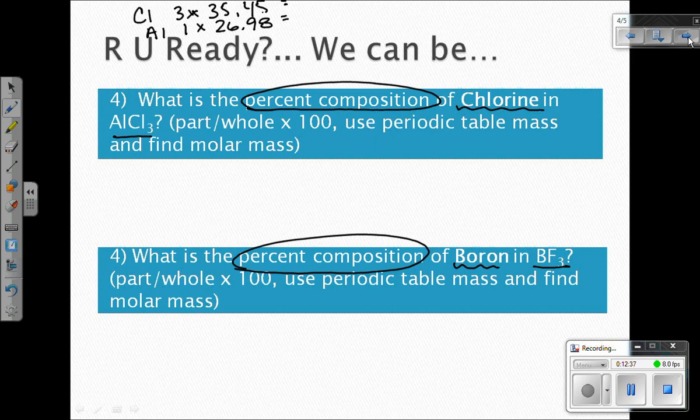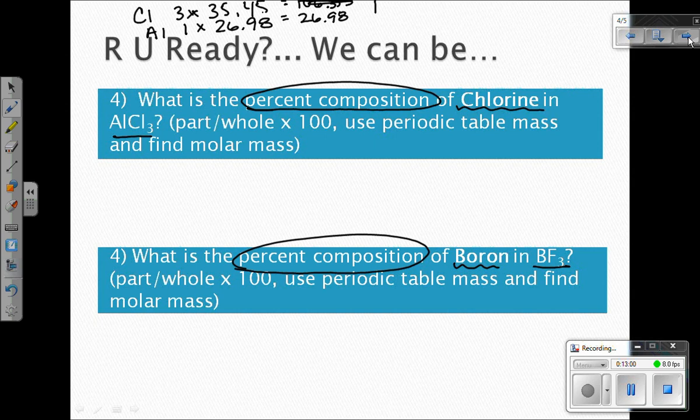You should have your calculators. As you're doing your calculation, that will give us 26.98 for aluminum, but for our chlorine, it'll be 106.33. Oh, you cannot see my numbers.